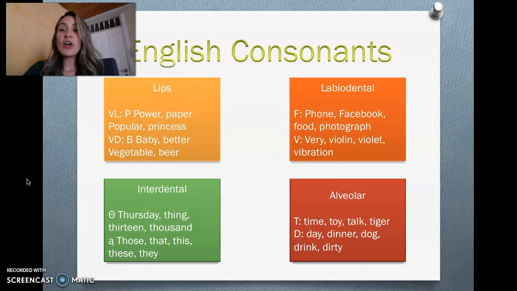With alveolar, the tongue is up: time, toe, talk, tiger, and with D: they, dinner, dog, drink, and dirty. And labiodental is phone, Facebook, food, photographer, very, violet, vibration.